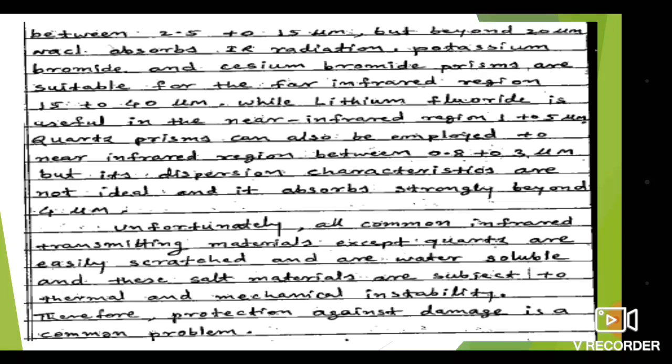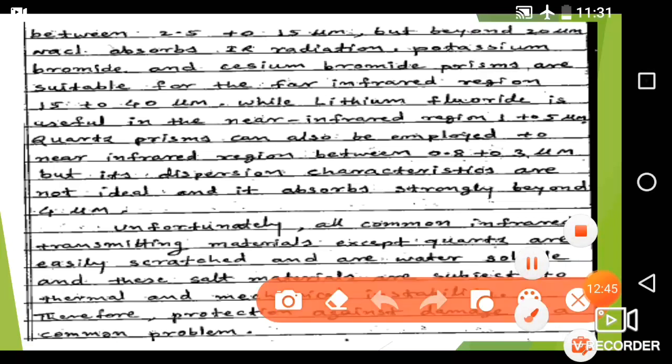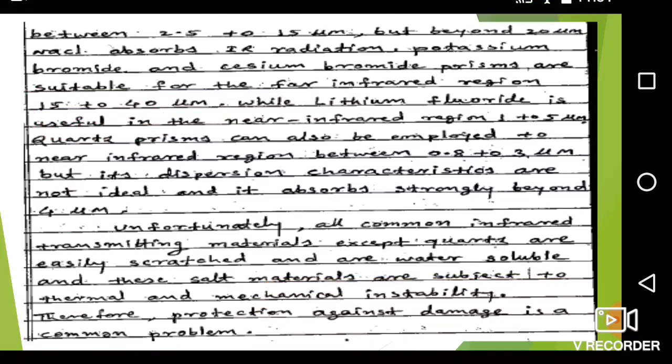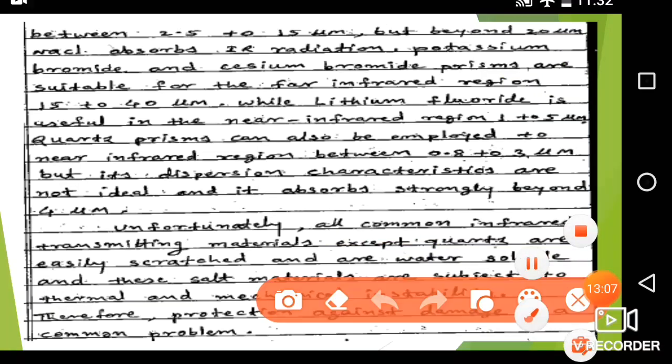Potassium bromide, KBr, and cesium bromide, CsBr, prisms are suitable for the far infrared region, wavelength 15 to 40 micrometer, while lithium fluoride, LiF, and quartz prism can be employed in the near infrared region, about 1 to 5 micrometers.